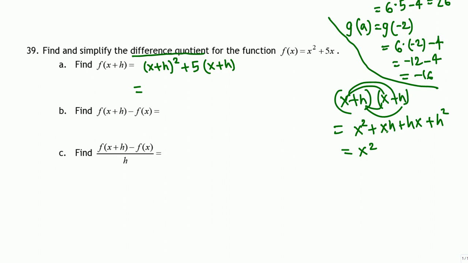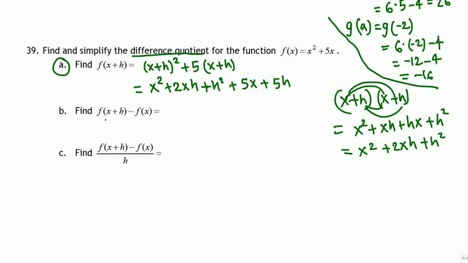This is also xh, so 2 copies of xh, plus h squared. So this is x squared plus 2xh plus h squared, plus distribute 5: 5x plus 5h. Okay, so part a is done.